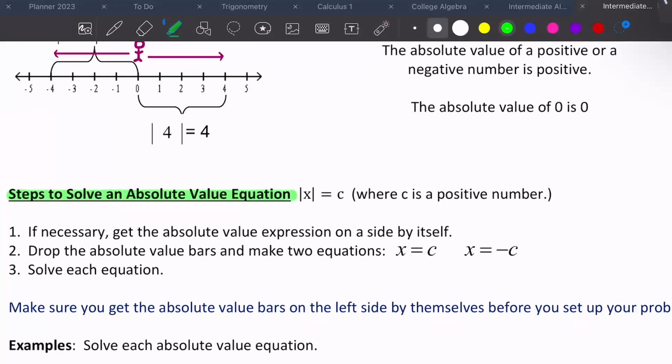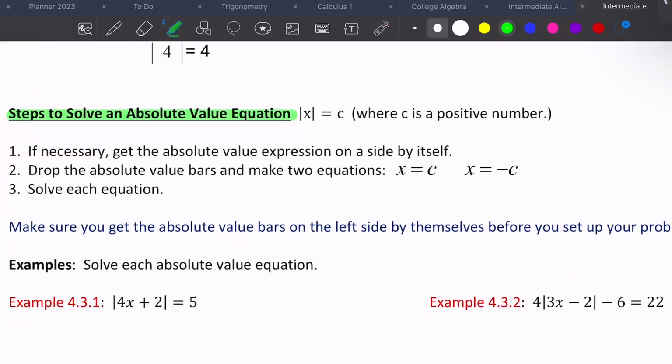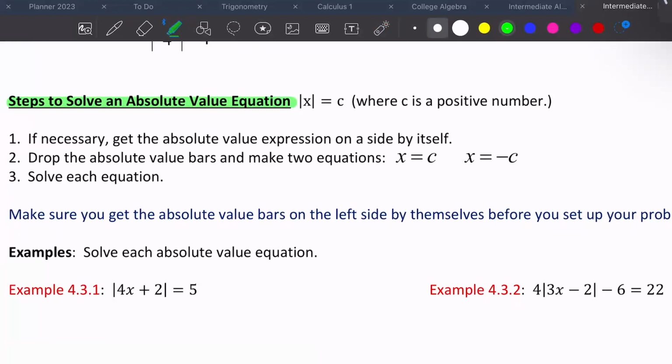So here's how to solve absolute value equations. So we're talking equal sign, right? If necessary, we're going to get the absolute value expression by itself. So you should have a set of bars and then equal sign and then everything else. So we're going to drop the absolute value bars and make 2 equations. Whatever is inside those bars, we're going to want that equal to the positive and the negative because we're talking about distance, right?